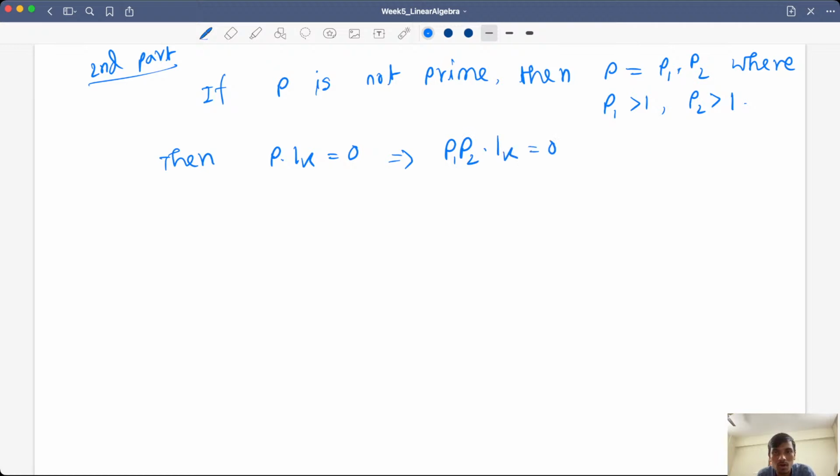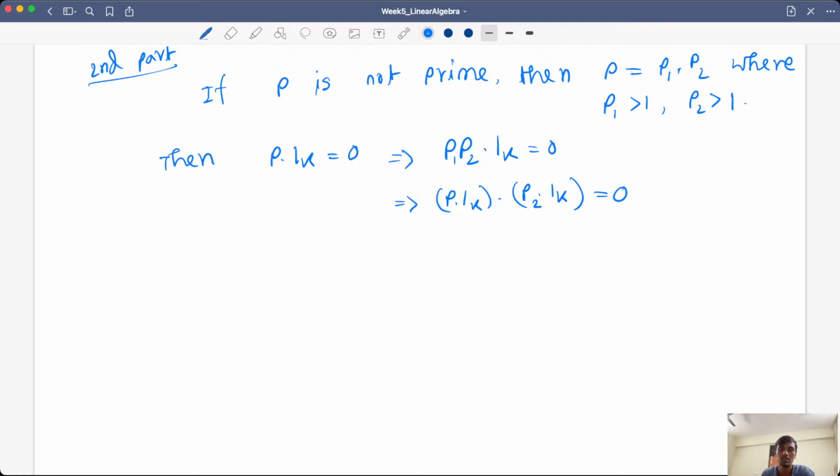But P1 P2·1_K equal to 0 means (P1·1_K) times (P2·1_K) is 0. This is simply using the distributive property. This means that you are adding 1_K P1 into P2 times, but that is the same as you first add 1_K P1 times and then multiply with 1_K added P2 times, right?